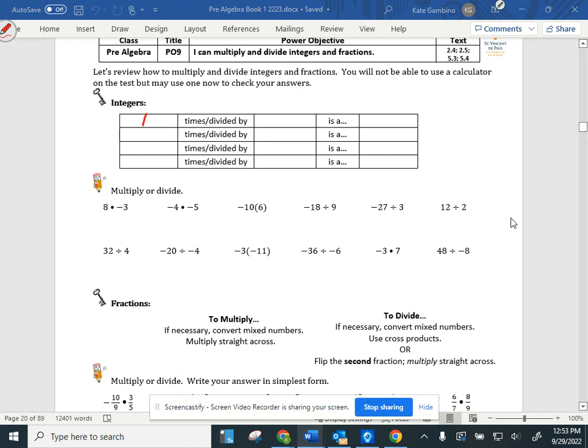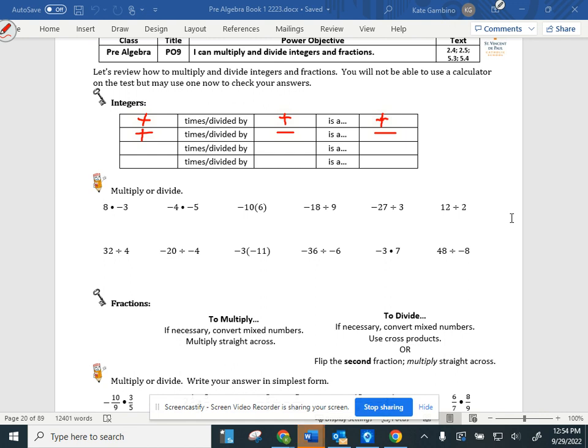When we have a positive times or divided by a positive, our answer will be a what? Positive. When we have a positive times or divided by a negative, our answer will be negative.